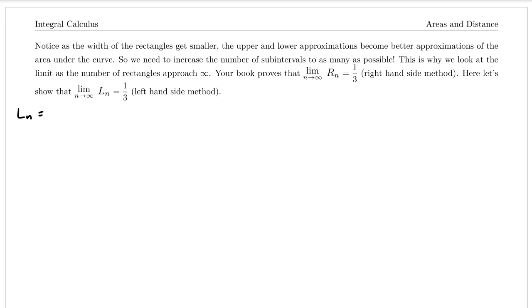So this means that we're taking our interval from 0 to 1 and breaking it up into n subintervals.